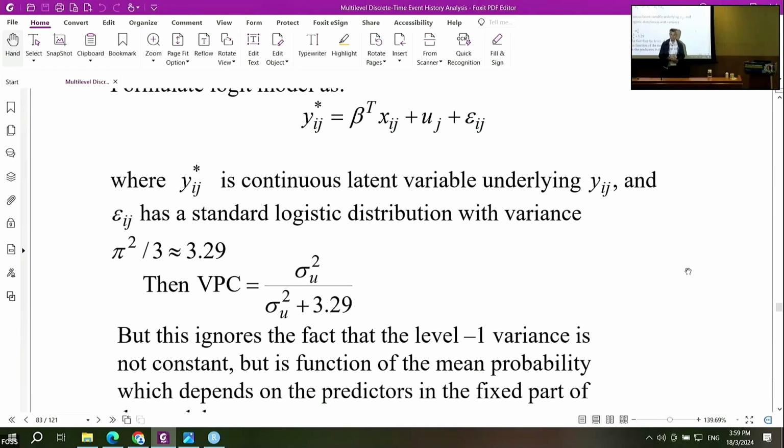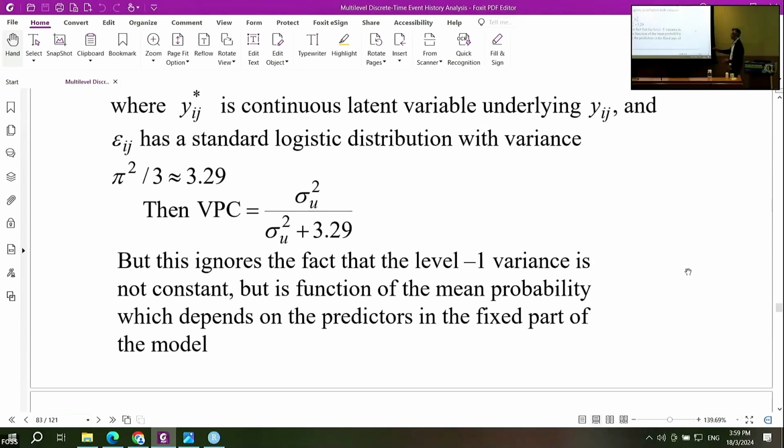It comes from the binomial distribution. But basically, the variance partition coefficient is just the variance level 2 divided by the variance level 2 plus 3.29. So it's a quick way of calculating the VPC, but it comes with certain assumptions, which we won't go into here. But yes, it's a very easy calculation of the variance partition coefficient.